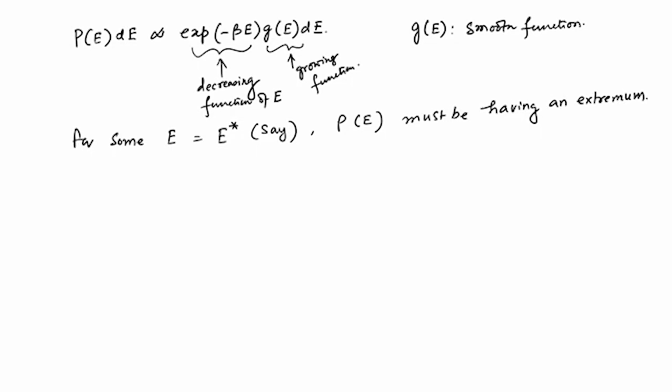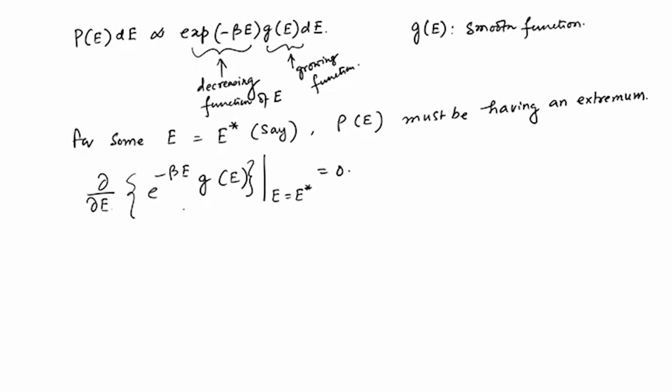Okay. So, if you have that to be true, then we have this exponential minus beta e g of e, at e equal to E star, this is equal to 0. That is what the extremum means, that you take a derivative and this derivative vanishes at that particular value.